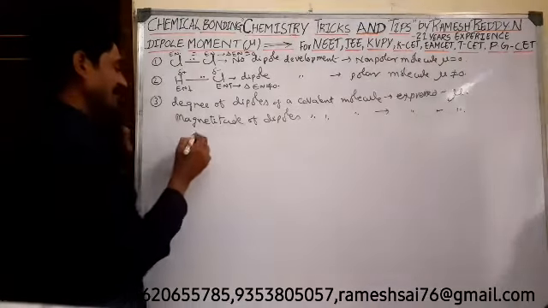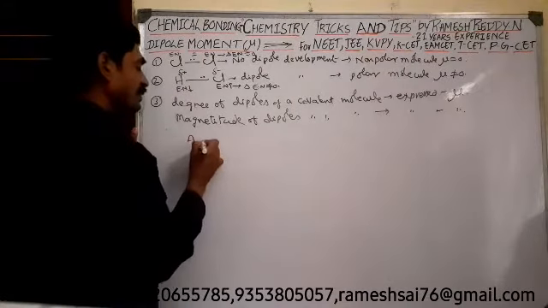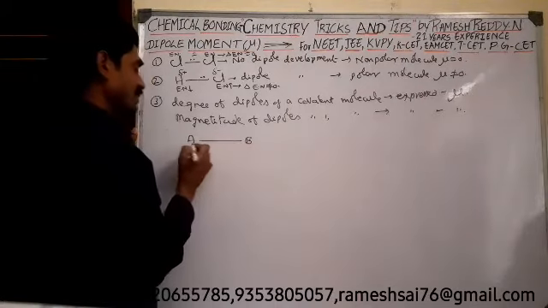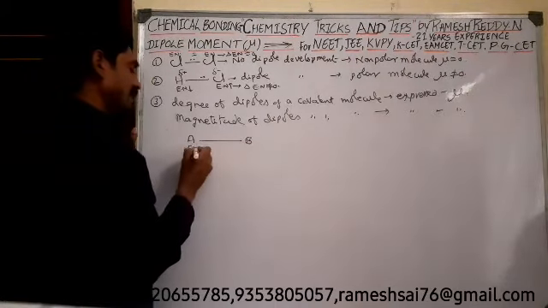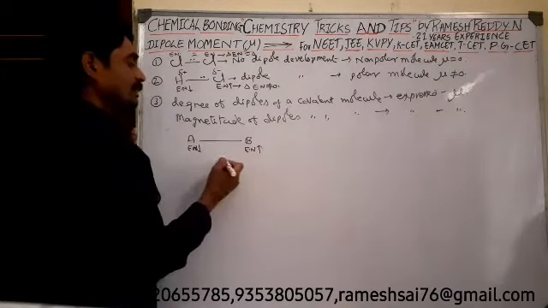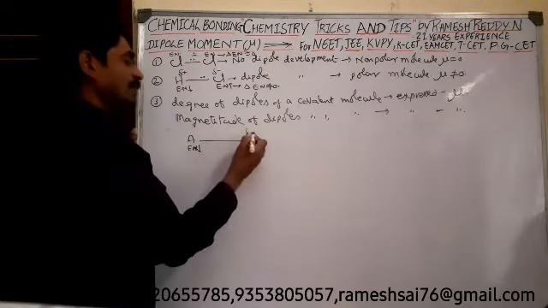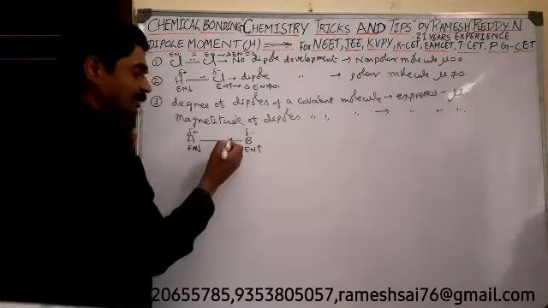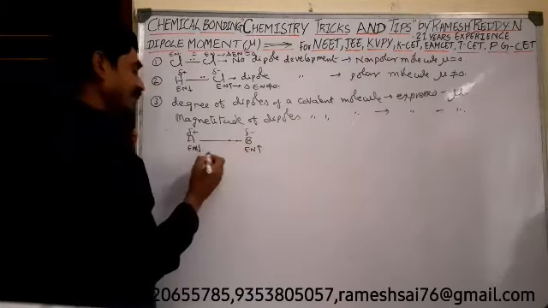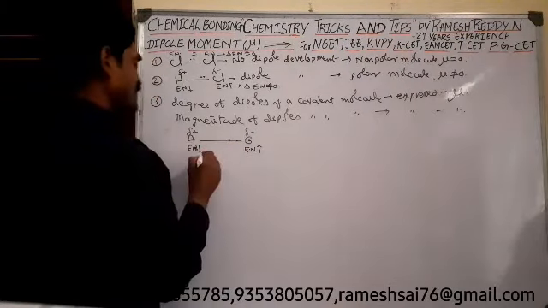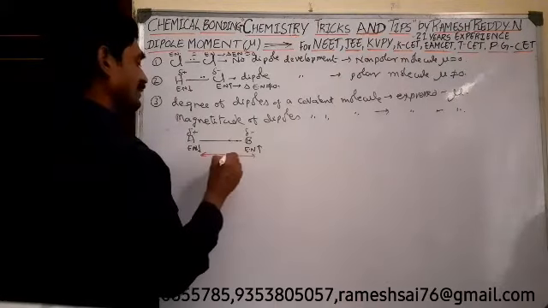See, for example, here is an atom A and an atom B. Between these two an electron pair is shared, right? For example, atom A is less electronegative and atom B is more electronegative. So atom B develops a partial negative charge and atom A develops a partial positive charge. Because of that, some distance is there between these two, and that is the bond length.